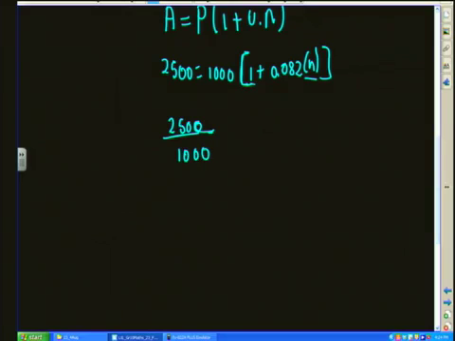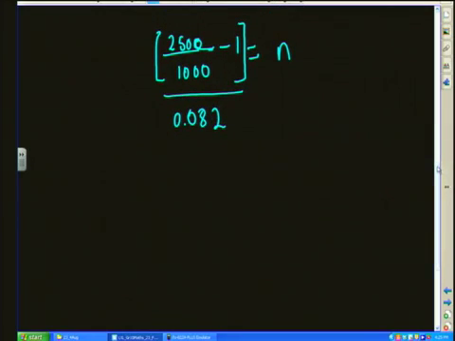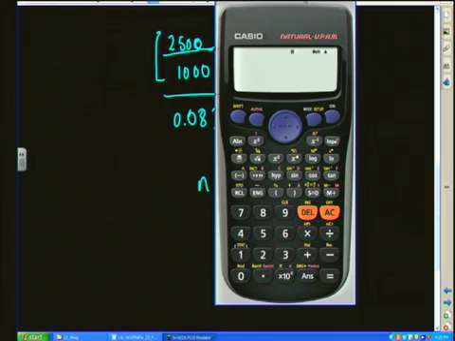And we want to get rid of that 1 there, so we subtract it, the left-hand side is equal to 0.082 times n. If I want to get rid of 0.082, I need to divide this whole thing by 0.082. So just changing the subject of the formula so we can get n by itself. And once again, it's just a matter of putting all of this into your calculator. Remember, they asked us for n in years, right?